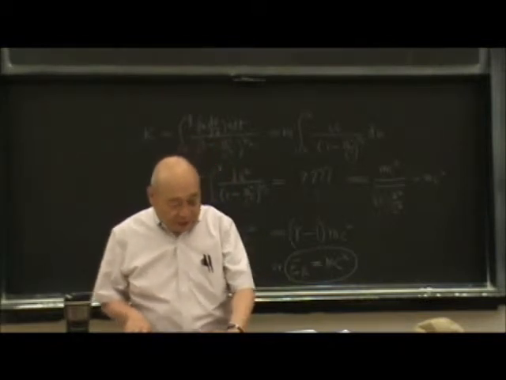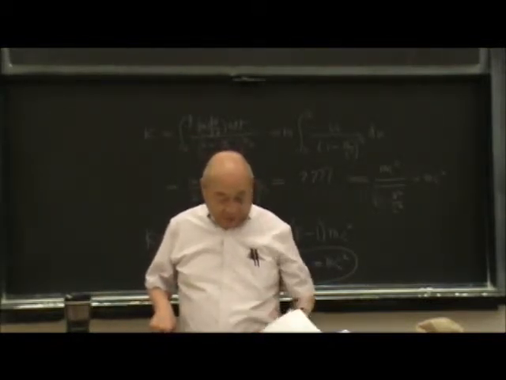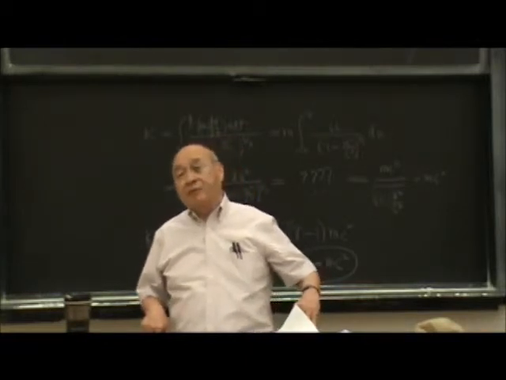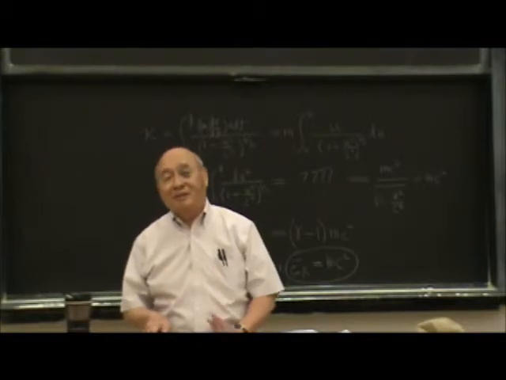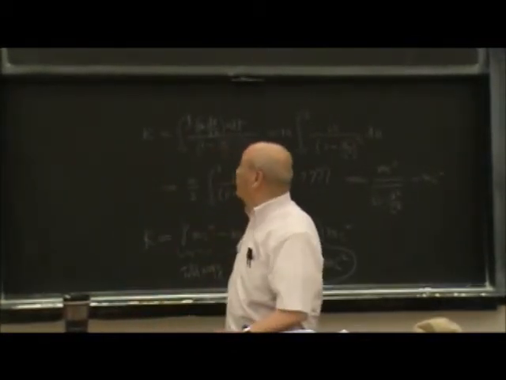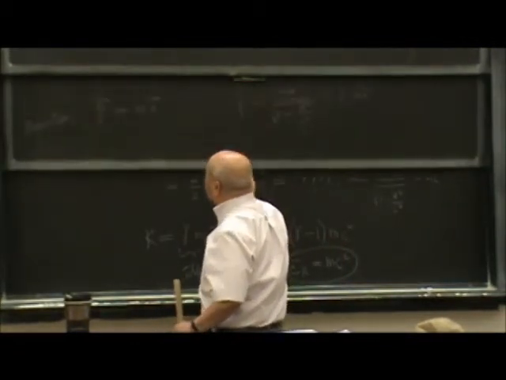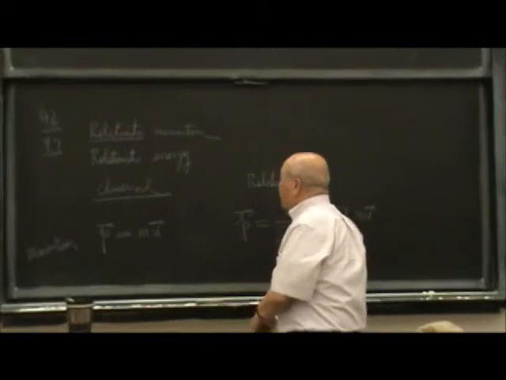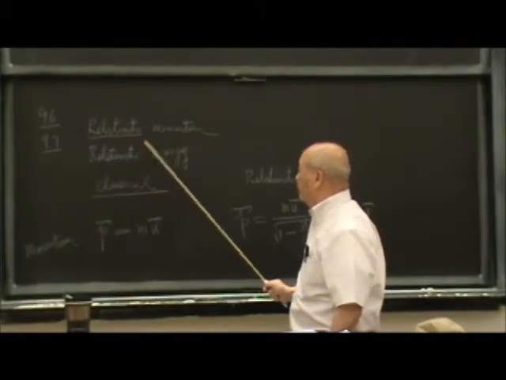In chapter 9, we have 7 examples, plus 2 derivations. One of the important derivations is to derive the relativistic energy.